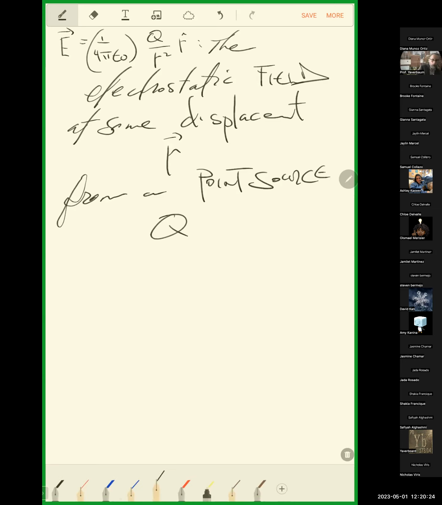Just to put in perspective, we did all this mathematical computation last time, but what was the concept we were saying?